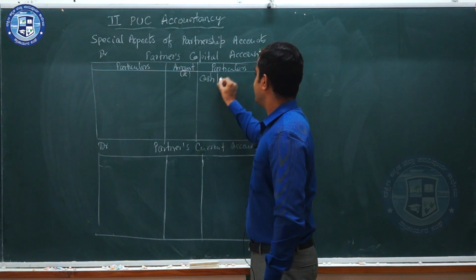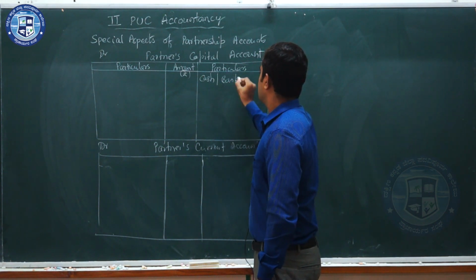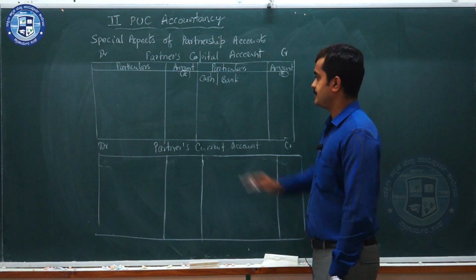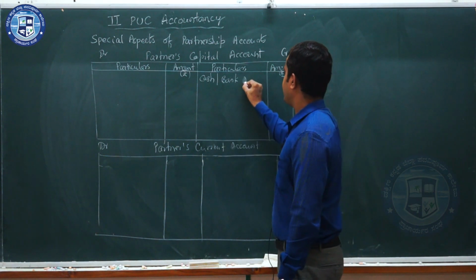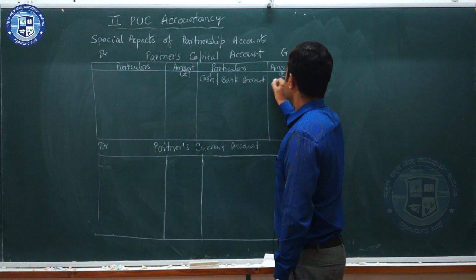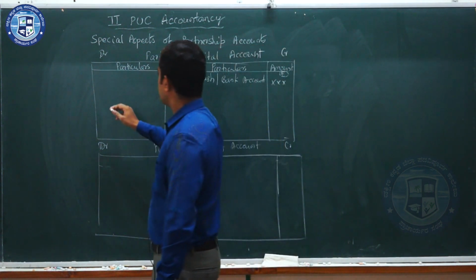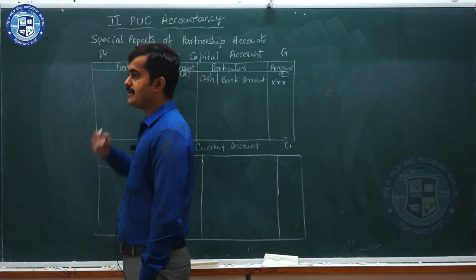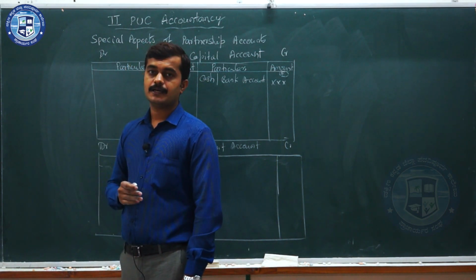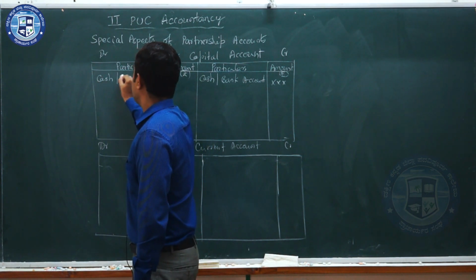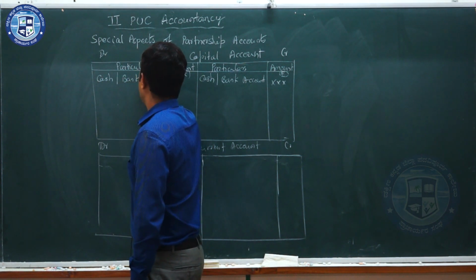On the credit side, we will be recording capital contributed by that partner as cash or bank account. On the other hand, if surplus capital is withdrawn by the partner, it will be recorded on the debit side as cash or bank account.